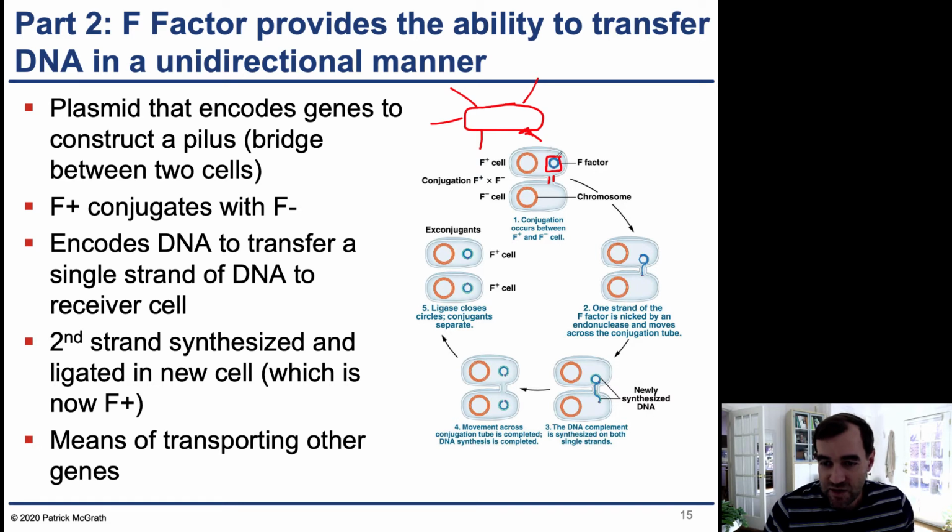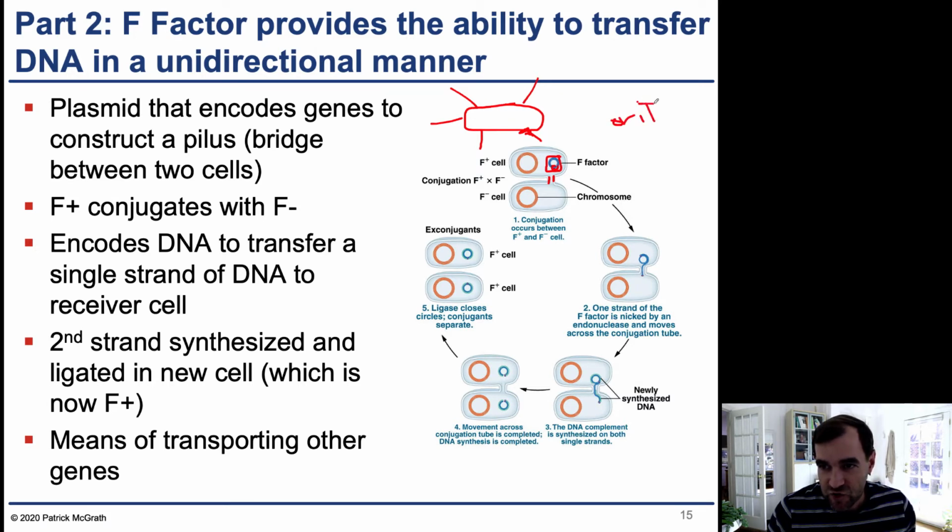This F factor also contains information for transferring DNA into the cell. So this F factor creates these pili. These two cells come near each other, and then this bridge is able to form through the pili. Now you have to be able to get DNA to actually transfer through this. The F factor contains a small piece of DNA called the origin of transfer.